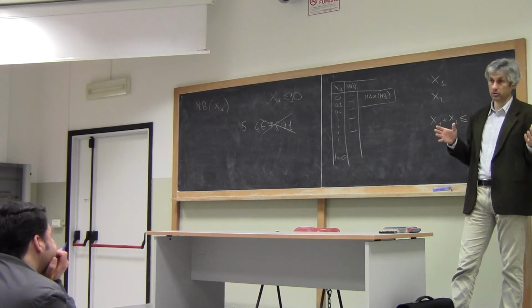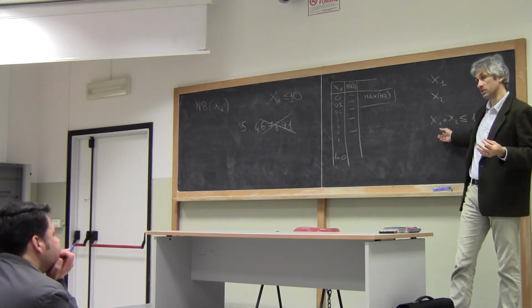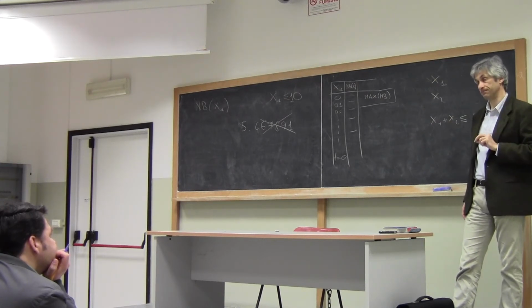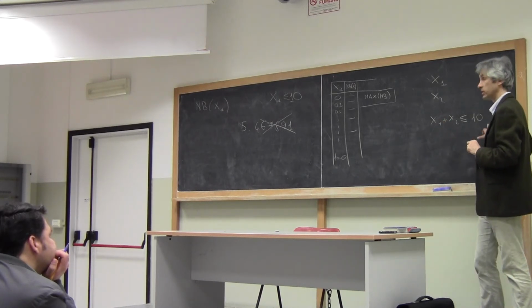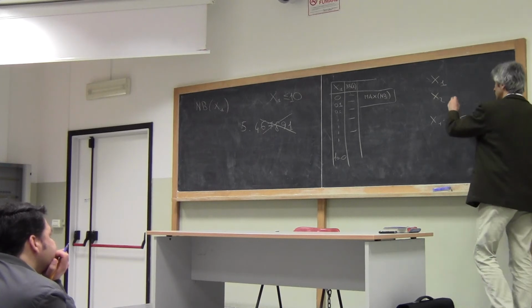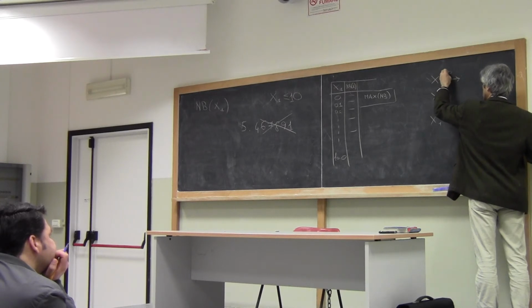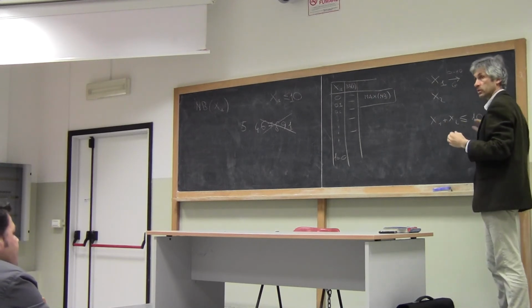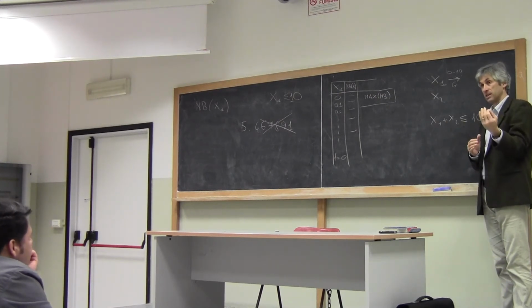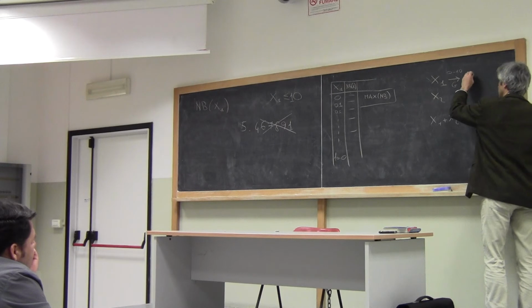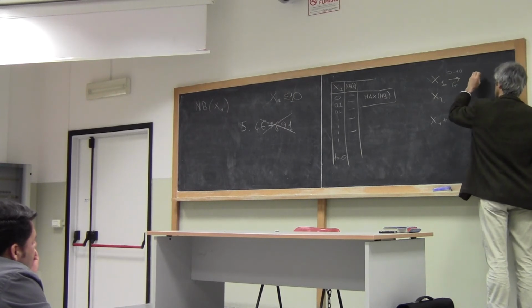So what I usually do, if I have just two variables, is to pick them by chance. Let's suppose that I ask the computer to generate x1 in the range 0, 10. This is a generation. It means that I ask the computer to, by chance, extract x1 in the range 0, 10. Let's suppose that I get 5.2.